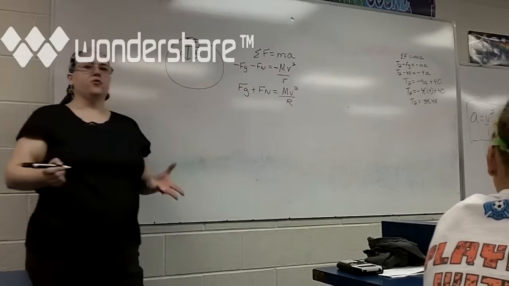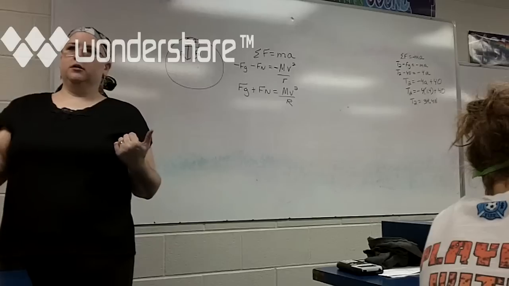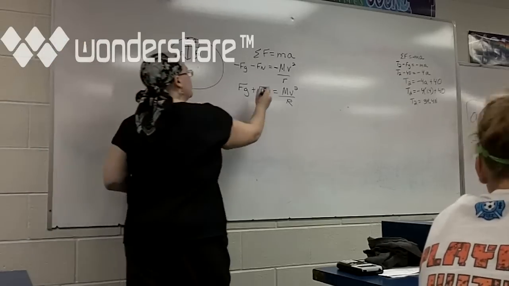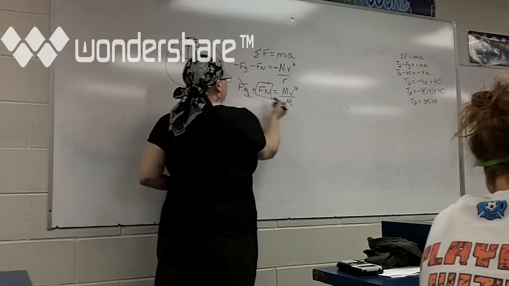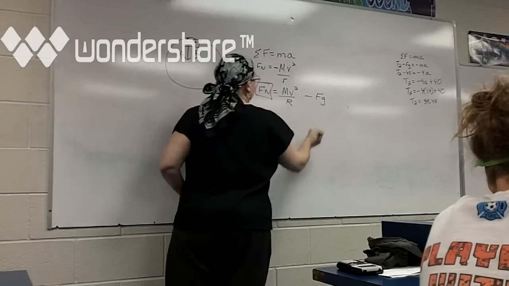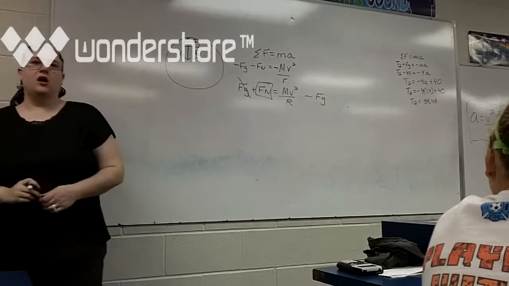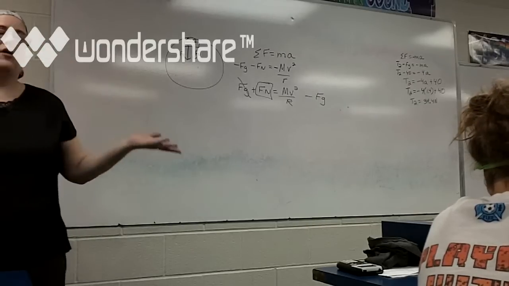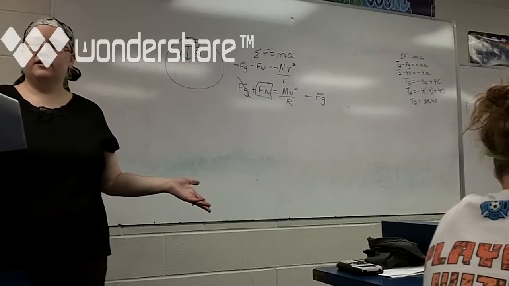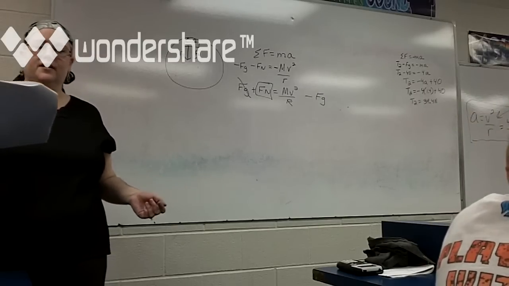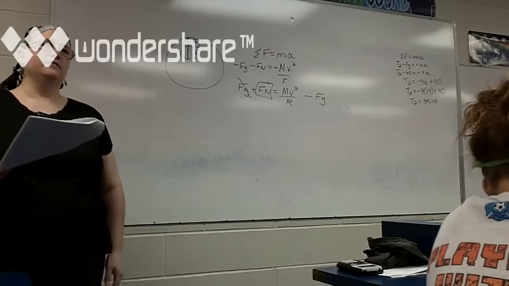What is the force of the rails on the car? The normal force. So this is what we're looking for. I need to subtract Fg. So it's mv squared over r minus mass times gravity. So the answer is, you know, it says the answer right next to it.